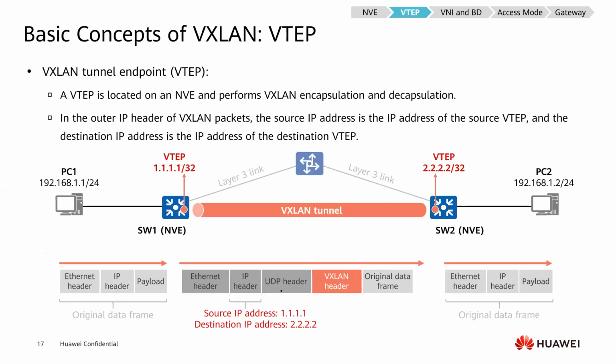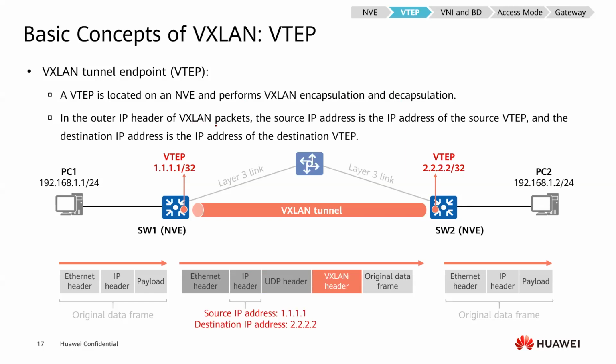Another similar terminology is VTEP. What is VTEP? VTEP means the VXLAN Tunnel Endpoint. It is located on the NVE. You can find that VTEP is a terminology with a similar scope compared to the NVE, and it is an entity that performs the encapsulation and decapsulation.